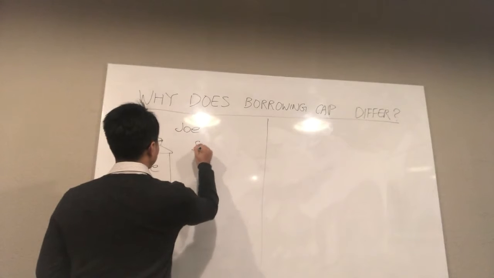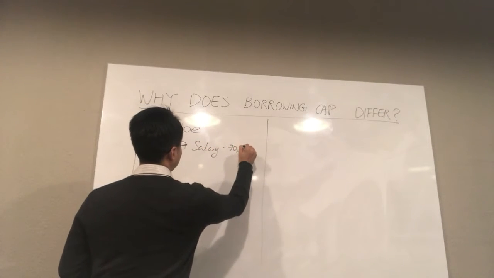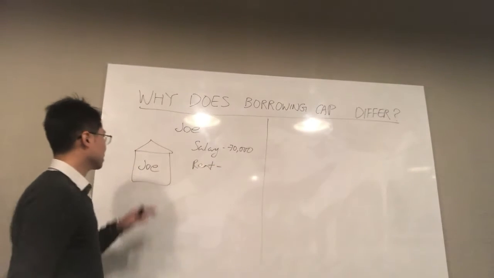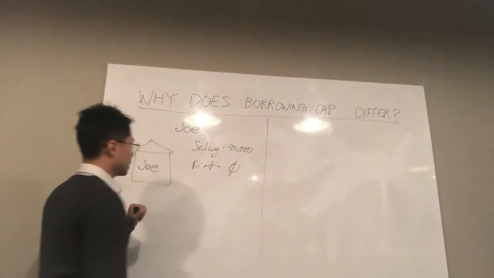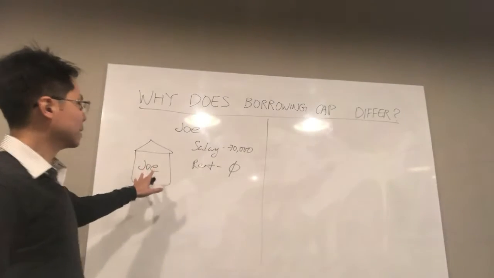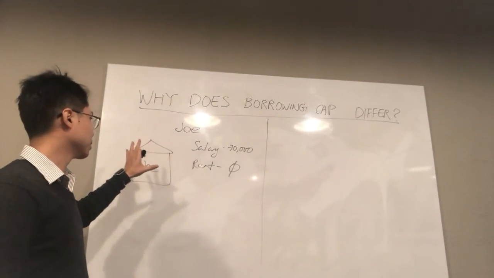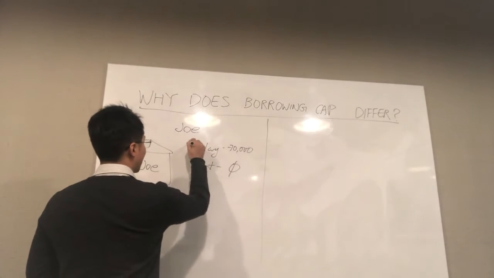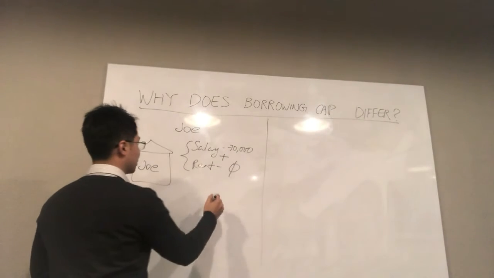Now, assuming Joe's on a salary of about $70,000. Because he's living in this property, there will be no rent, so it's a big fat zero. When banks assess how much they can lend to Joe, they essentially look at a combination of these two factors: the salary plus the rent.